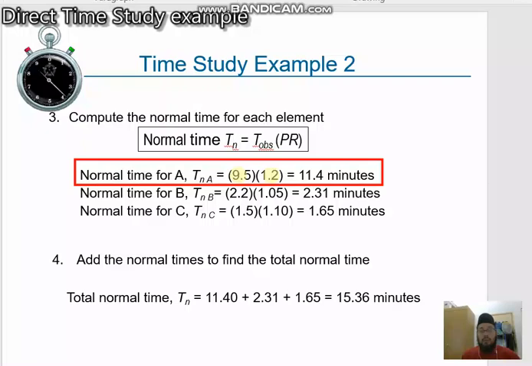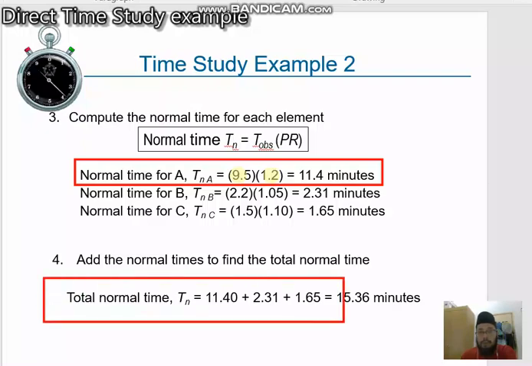Again, we have to calculate the normal time separately for each element because the performance rating for each element is different and given specifically for each element. So from there, we determine the total normal time. The total normal time for this task is 15.36 minutes.